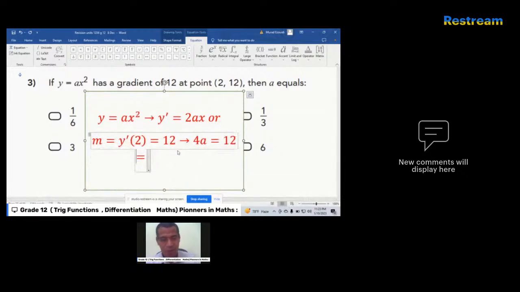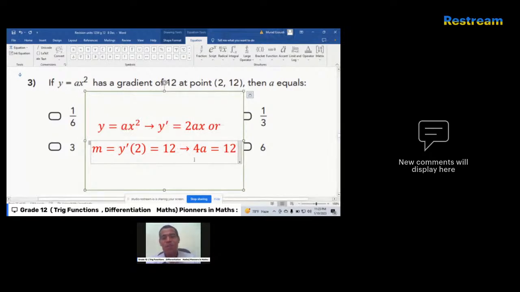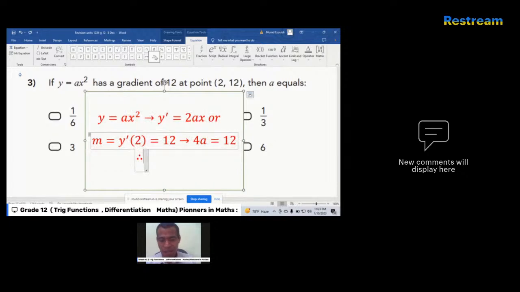So, in your opinion, a is what? Which number multiplied by 4 gives 12? Or you can make a equal to 12 divided by 4.